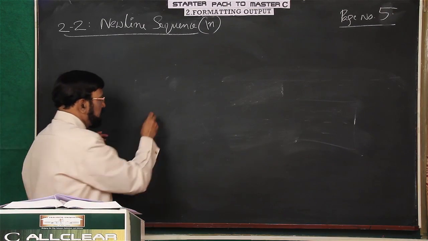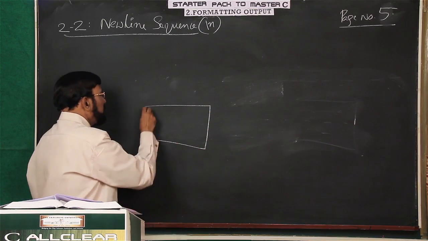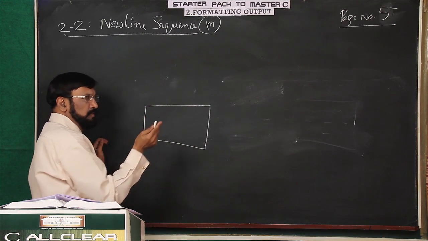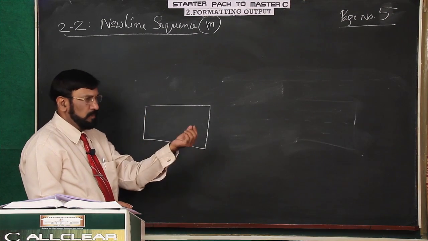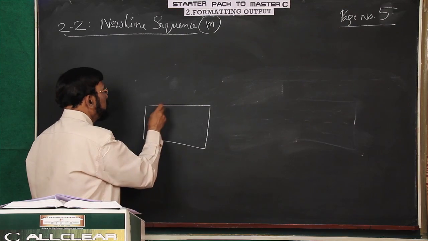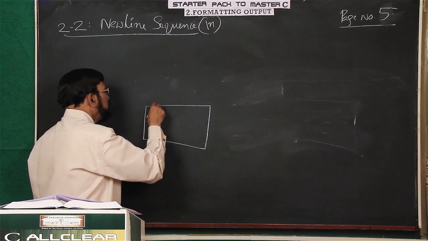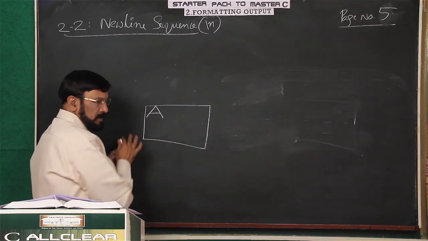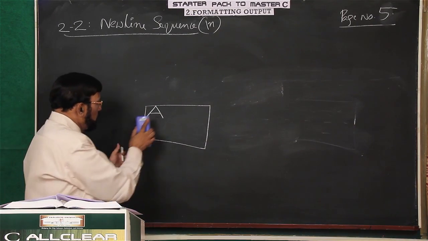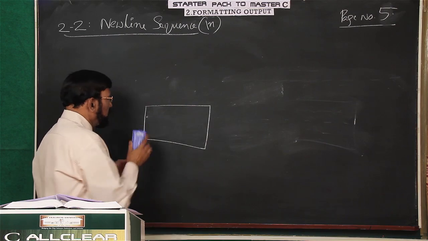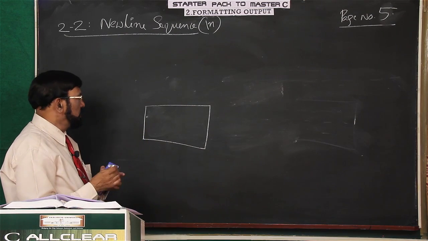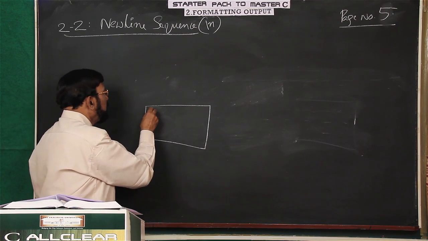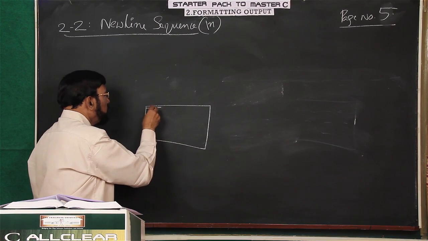What is the benefit? Already I told you. Suppose you insert the newline sequence as the last element; for the same program, A is printed from the top. If you insert the newline sequence as the first element, A is printed one line below.